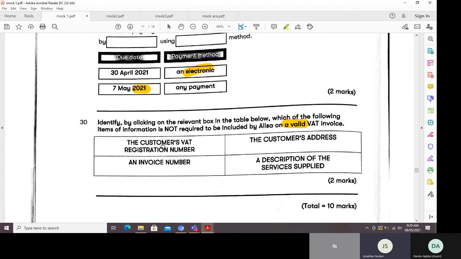One, they said the customer's VAT registration number, an invoice number, customer's address, a description of the services supplied. Right, so which of these will not be included on a valid VAT invoice?